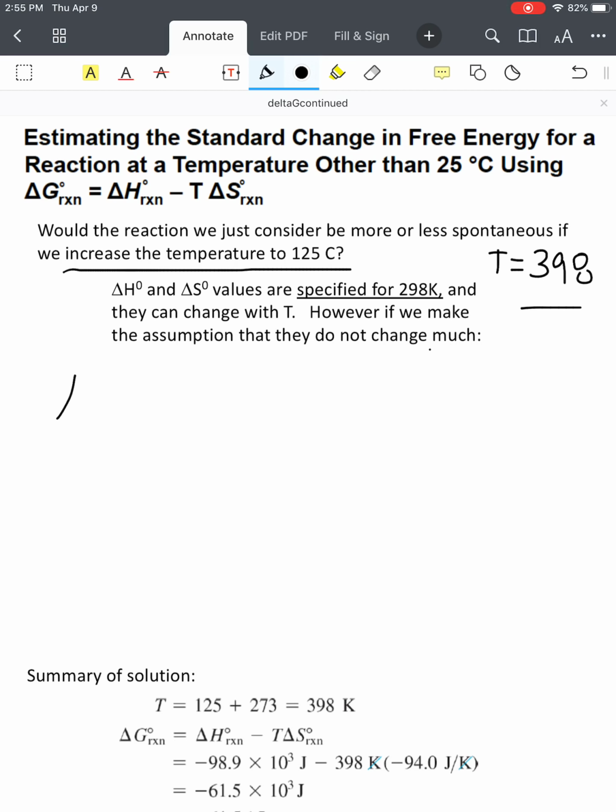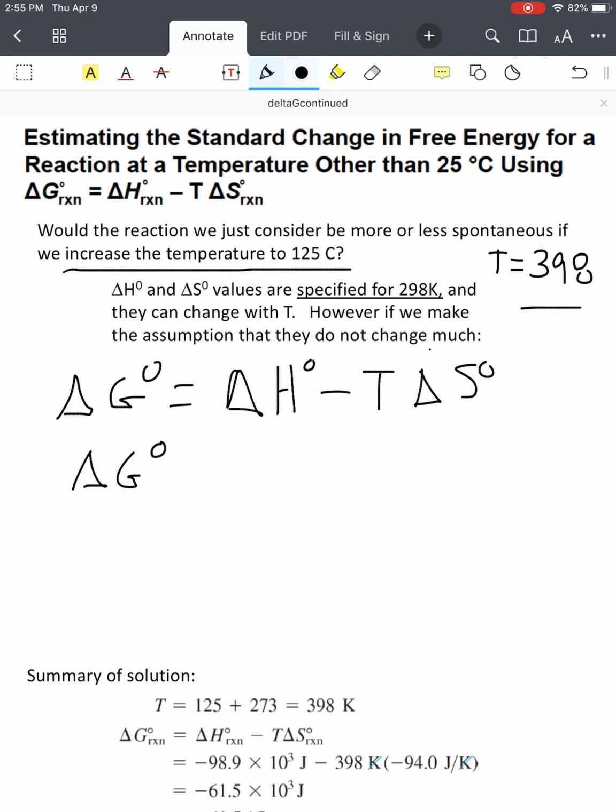So how are we going to deal with this? Well, all we got to do is go back to our second law statement for delta G. And plug in the numbers and solve for our delta G and see if it becomes more negative or more positive or what's going on, okay? So when we do this, we're basically going to plug in the values that we already got for our delta H and our delta S. So for delta H, I'm going to plug in my 98,900 again.